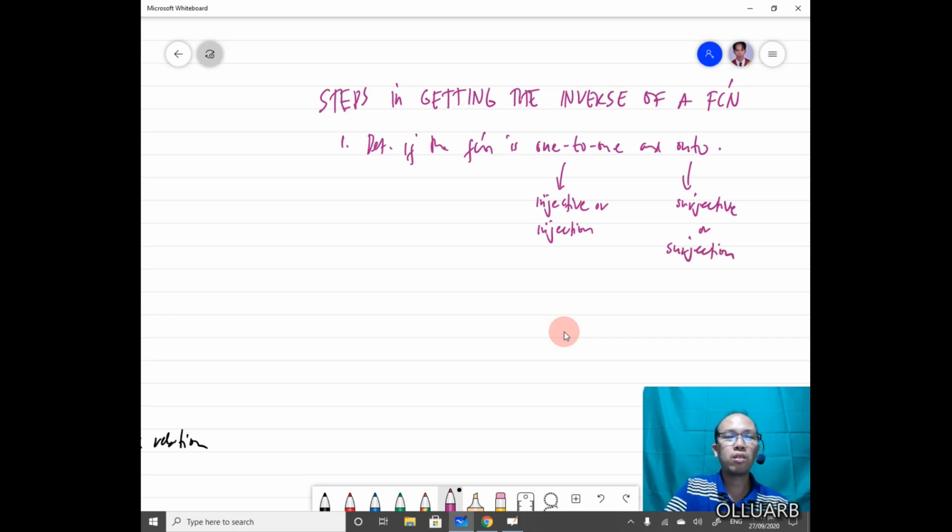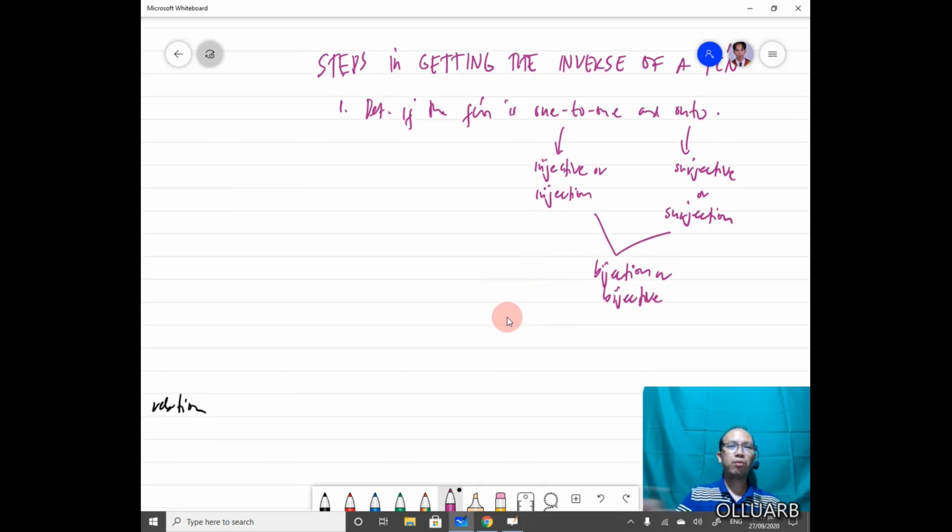And as a whole, if it satisfies both, if the function is one-to-one and onto, then it is called a bijection or bijective, depending upon how to use the statement.